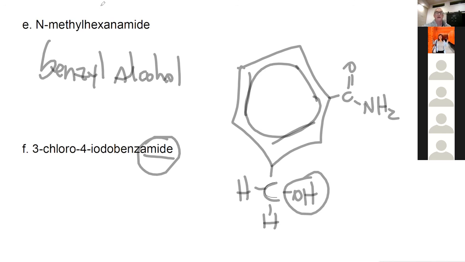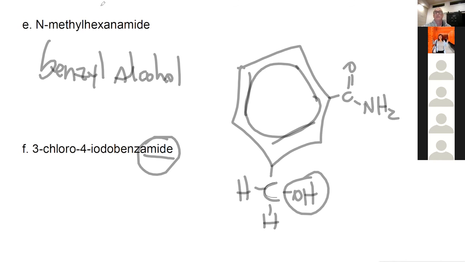So that's benzyl alcohol. The alcohol group, the hydroxyl group, is actually one carbon removed from the benzene. With phenol, it's directly attached to one of the carbons on the benzene, so in that case the phenol would be considered your substituent.